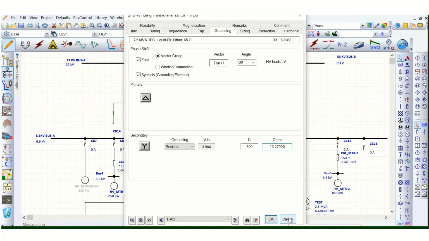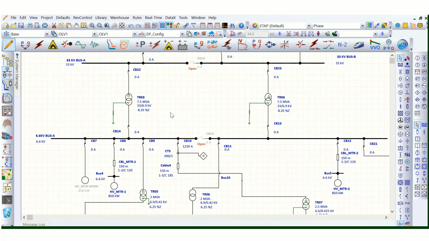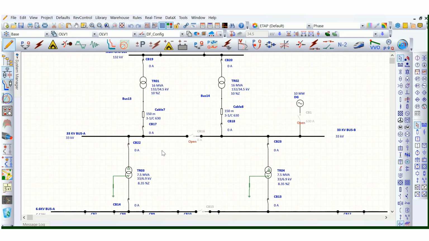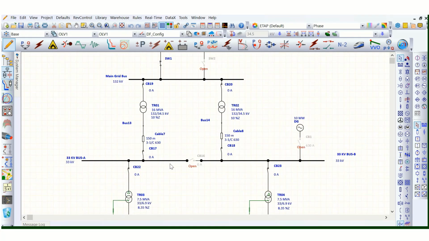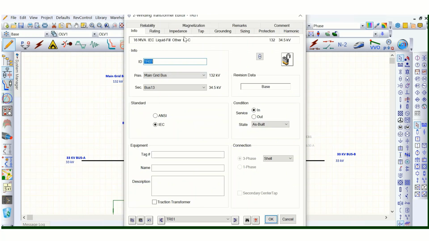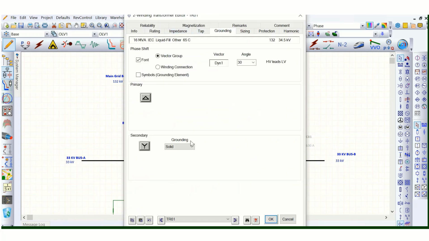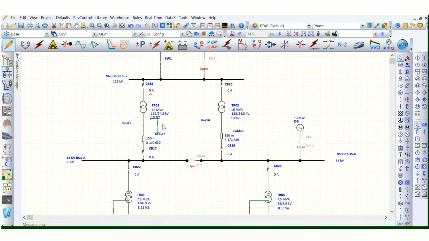So an NGR, neutral grounding resistor, will be connected for these two transformers. And for the 33 kV system also, sometimes we can use an impedance grounding system, definitely not a solidly grounded system, or we can also use a reactor or resistor. Let's say this fault current will be limited to 400 amps.